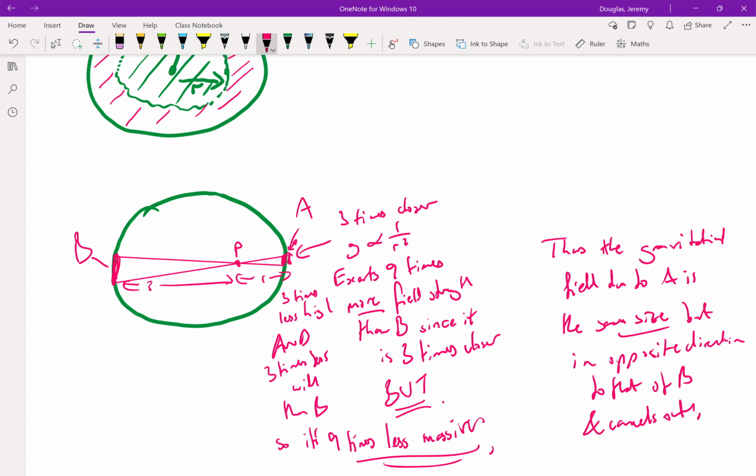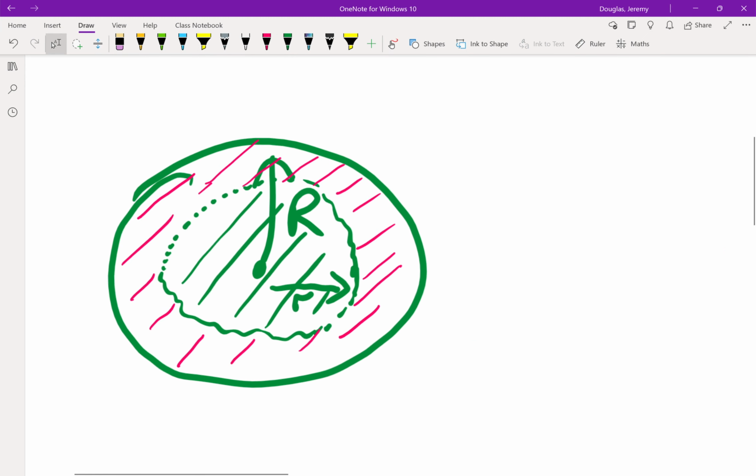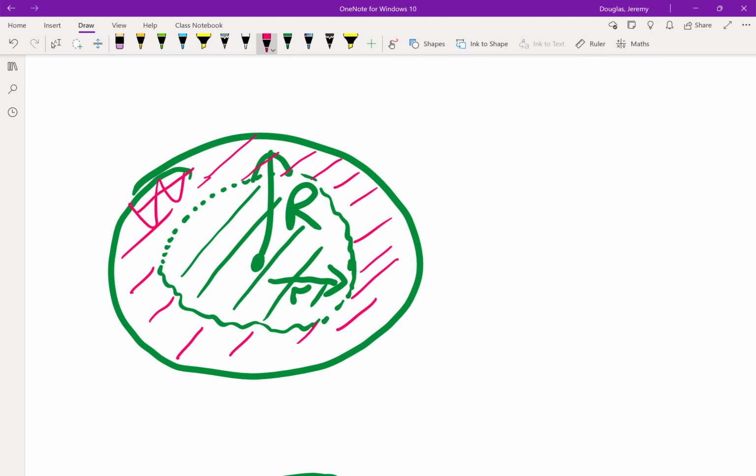So if you're inside a conducting sphere, the electrical field is zero, and if you're inside a sphere of mass, then the gravitational field due to that is zero. So that's why you don't have to worry about this piece of the Earth which is above you. You only have to worry about the green shaded bit of the Earth which is beneath you. That's the only bit of the Earth that you have to worry about for its field strength.